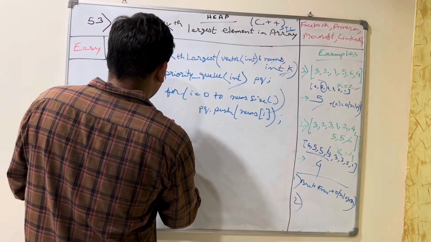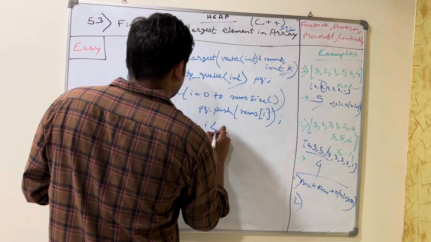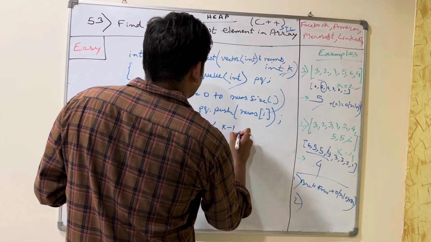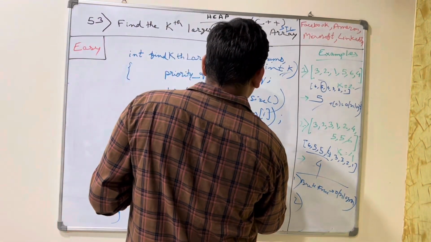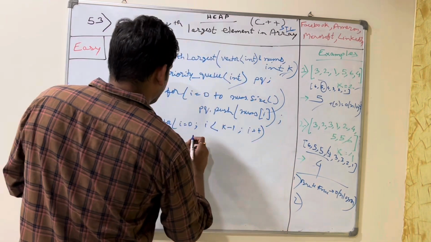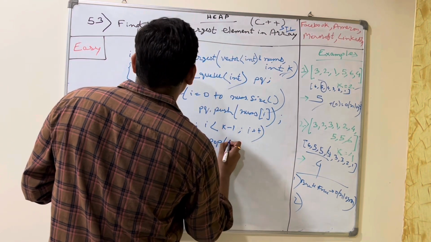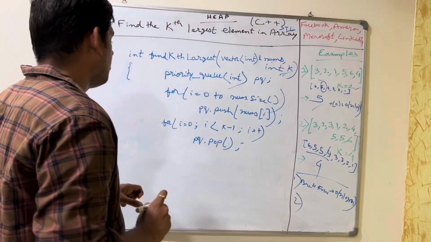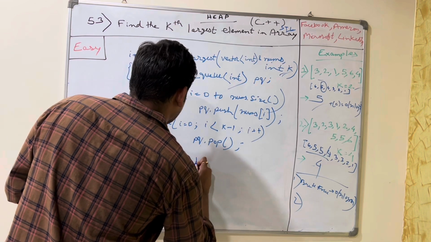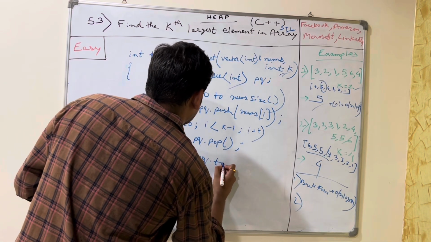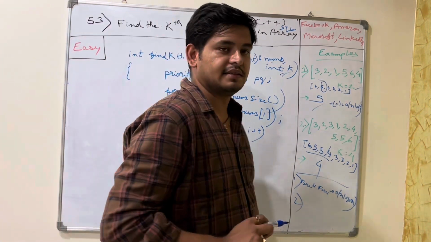So we will use another loop for i equal to 0, i less than k minus 1, because the kth element would be our value, right? And i plus plus. So we will keep on popping out till we get the kth element. So pq dot pop, right? And now we will return pq dot top, because that would be the kth element, and we'll get our answer like this.